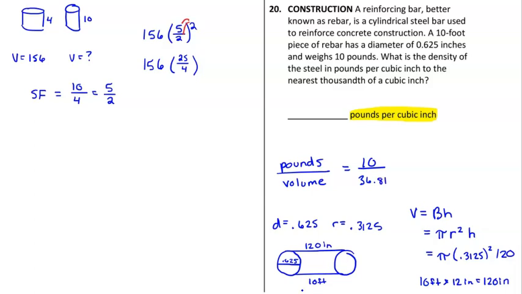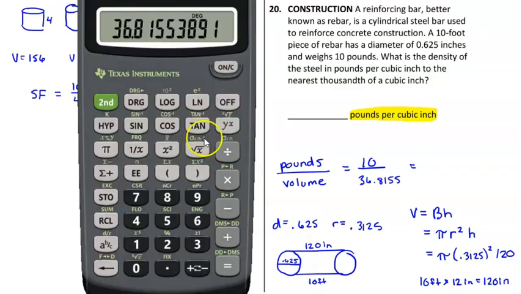And then let's go ahead and find the density, which is going to be pounds per cubic inch, or pounds per volume. So I get 10 divided by 36.8155 equals, and I get 0.2716.